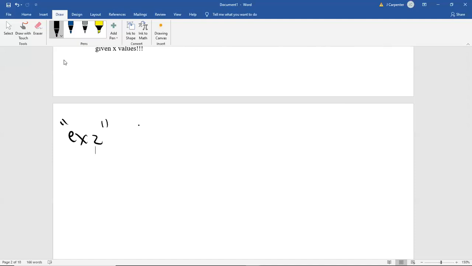So for f of x is equal to x. For f of x is equal to x, the standard linear function with a slope of 1 and no y-intercept.